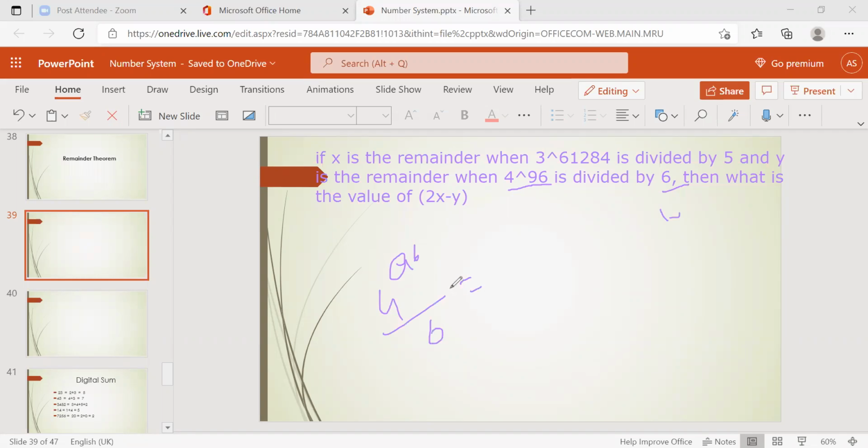What is the remainder? 4 power anything divided by 6 is nothing but 4 as the remainder, right? So we know the y value. Now y equal to 4.